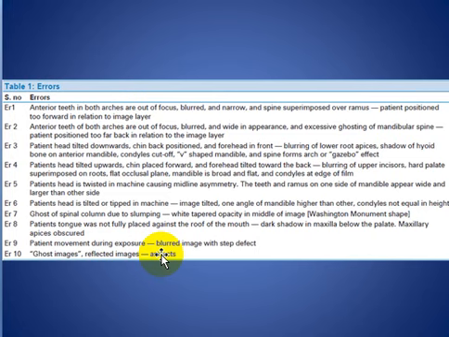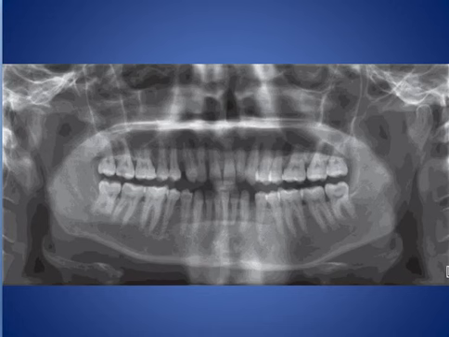or upward. And here we see the tongue is not close to the palate, as we see here a radiolucent space obscuring the roots of the maxillary incisors.